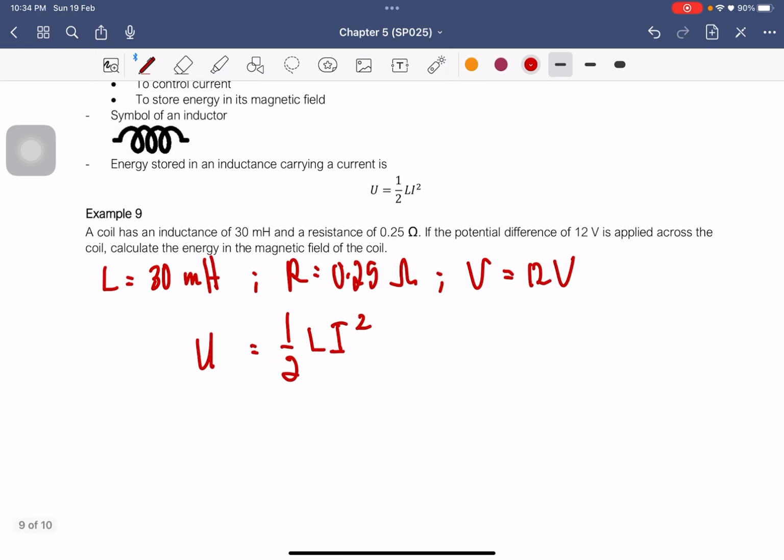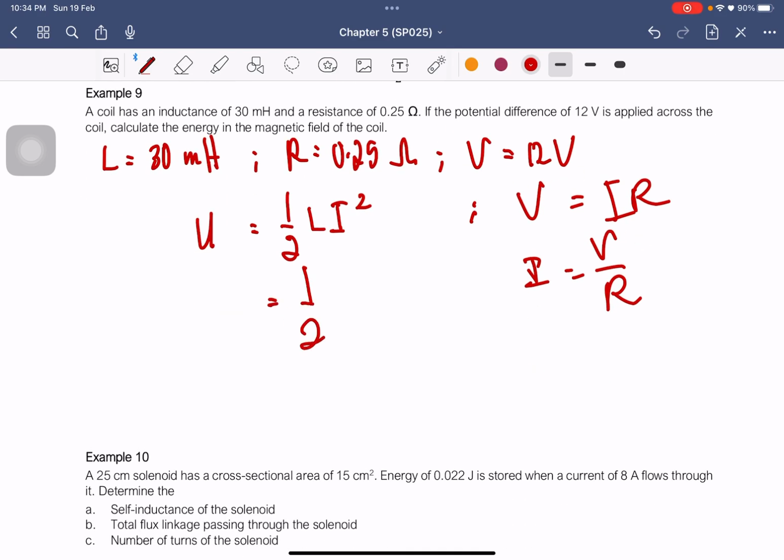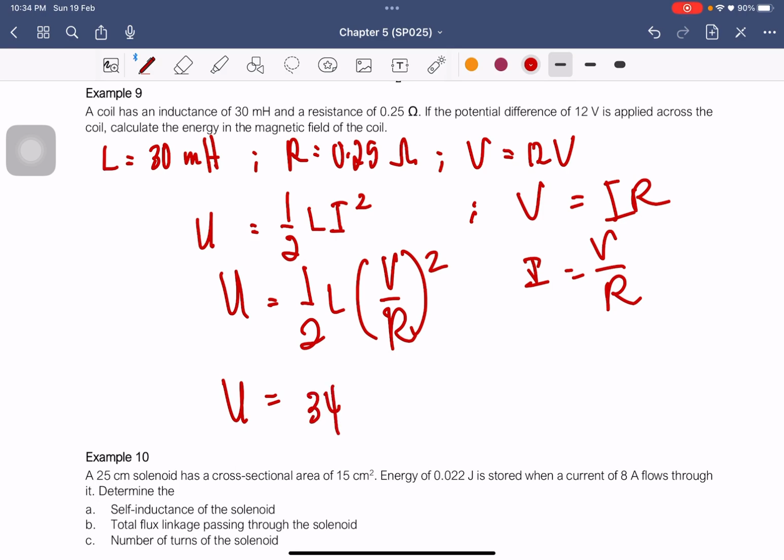We have the value of L, we just do not have the value of current. But Ohm's law states that V is equal to IR, so I is equal to V over R. Just substitute V over R here to get the energy in the magnetic field of the coil, which is equal to 34.56 joule. Okay, all right.